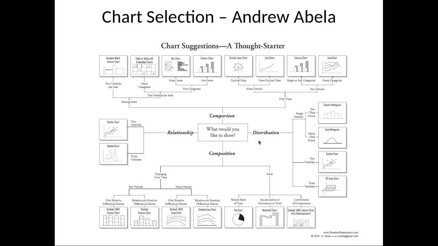For example, if you want to show a distribution, you can use histograms, line histograms, scatter plots, or 3D area charts. On the other hand, if you want to show relationships between different variables, you can use a bubble chart or scatter chart. You can look at this chart for different types of visualization and when to use which.